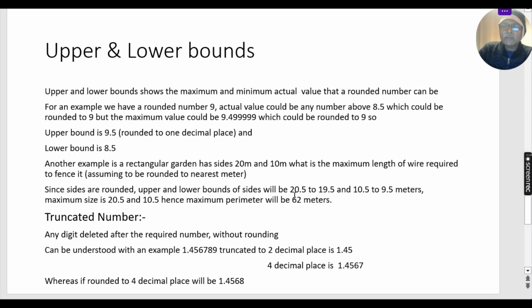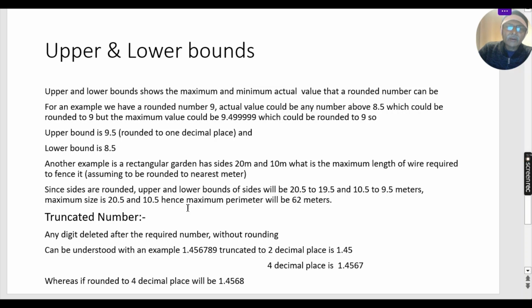So we will have to buy a maximum of 62 meters of wire to fence it, whereas if we take the nominal size only, it will be only 60 meters. That means in this example we will have to buy 2 meters of extra wire so that we are safe and will not fall short of wire for fencing it.